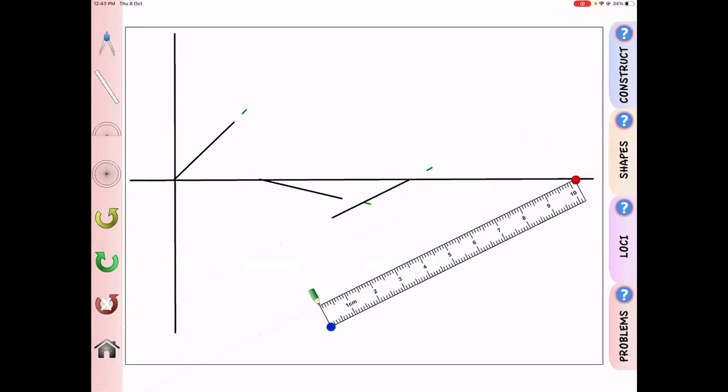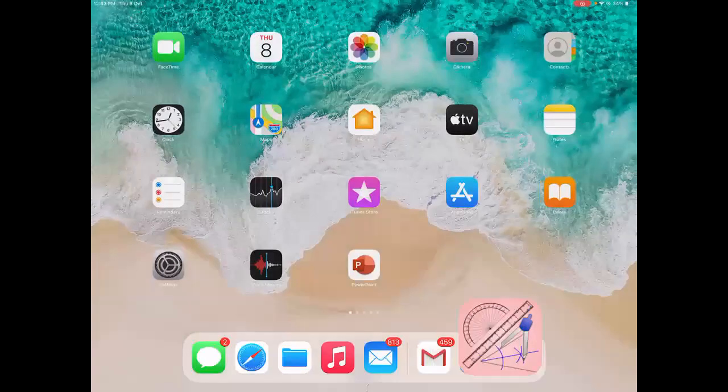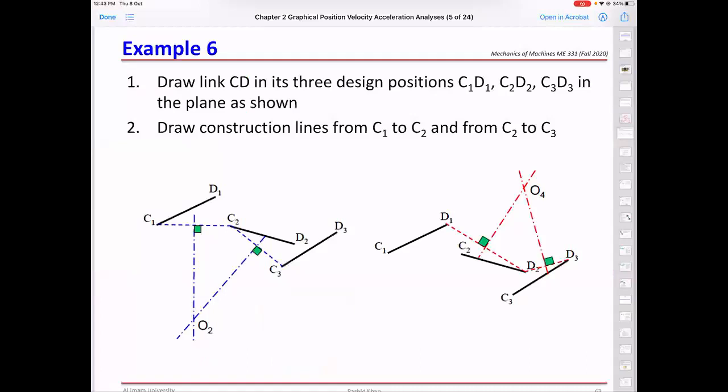Now let's go back to the problem. We have finished the first step.